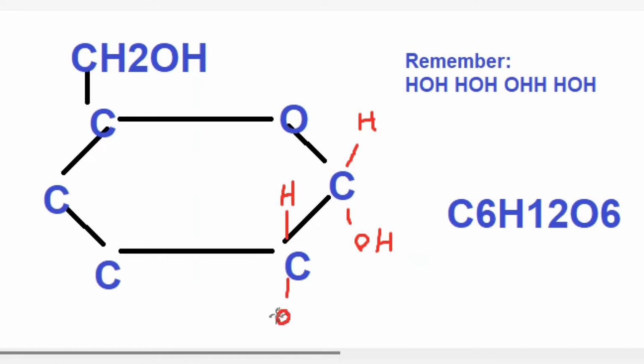Now remember, carbon must always have 4 bonds around it. For example, for this first carbon, 1, 2, 3, 4. The second one, 1, 2, 3, 4. Remember, a double bond would count as 2.